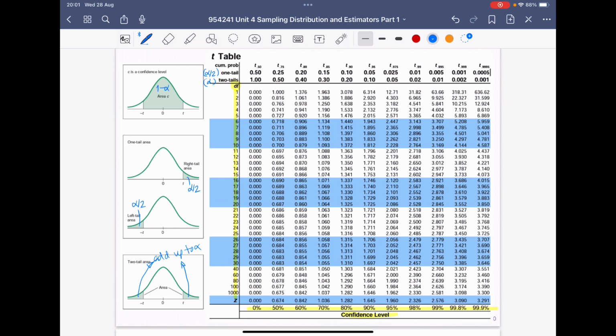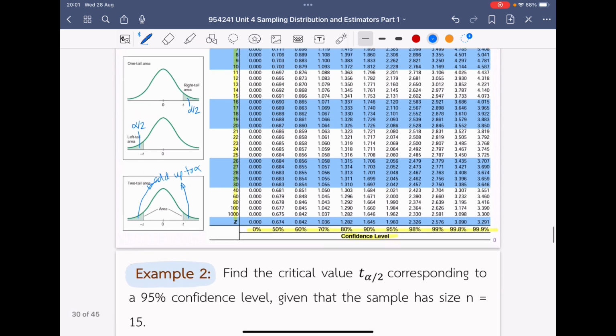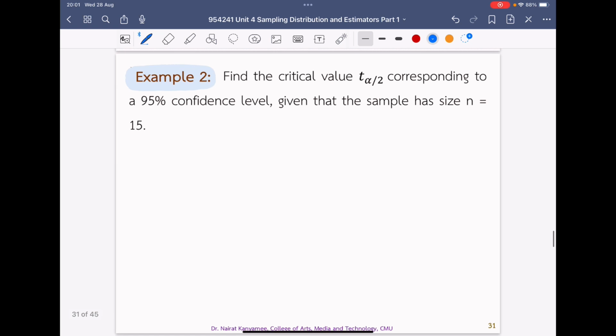Same thing here. For example, find the critical value t of alpha over 2 corresponding to a 95% confidence level, given that the sample size is 15, which gives you the degrees of freedom.